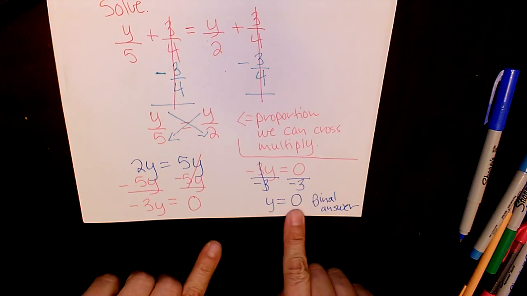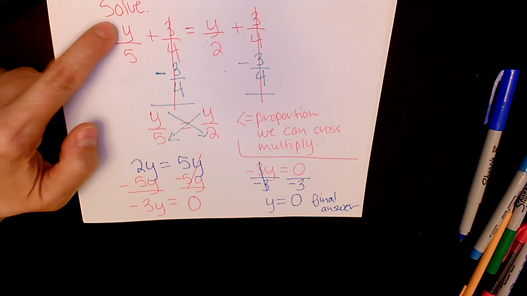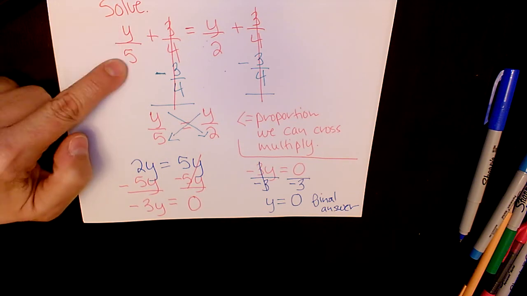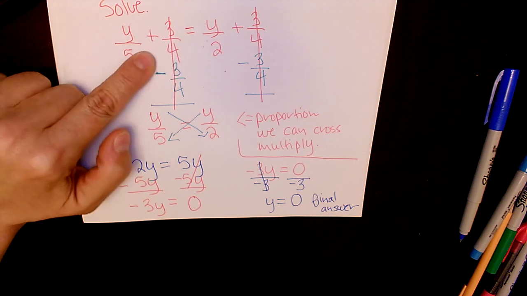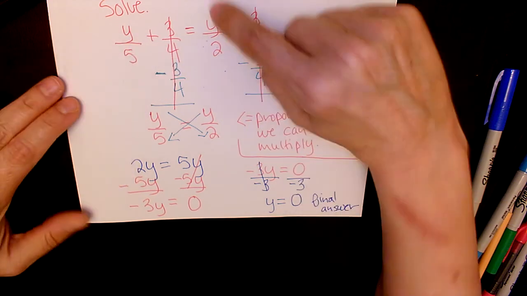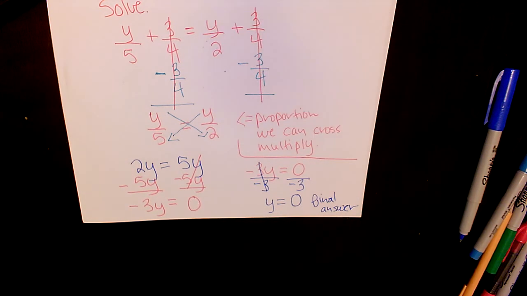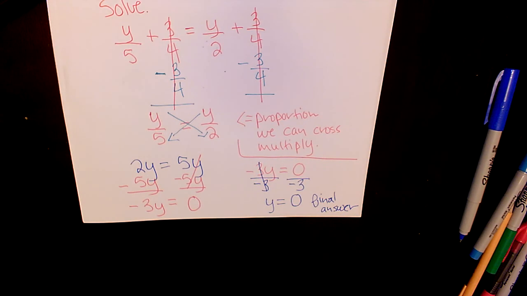And if you want to take that 0 and plug it in for here, where the 0 is here, 0 divided by 5 is just 0, plus 3/4 is just 3/4 on the left-hand side. And if I take the 0 and plug it in here, 0 divided by 2 is just 0, and 0 plus 3/4 on the right-hand side is 3/4.